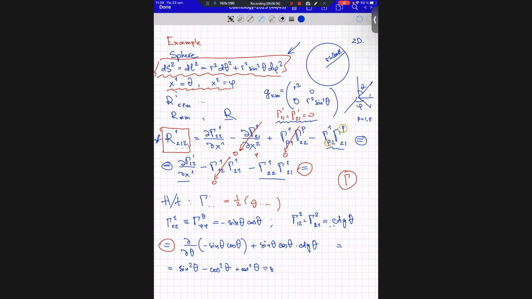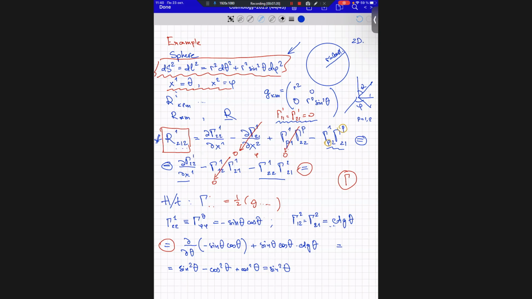So finally we will have sine squared theta. This is one of the components of the curvature tensor, and we understand this is mixed.